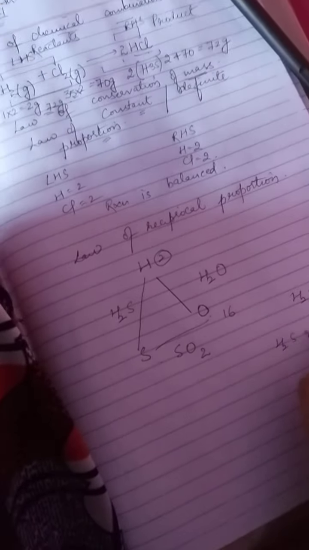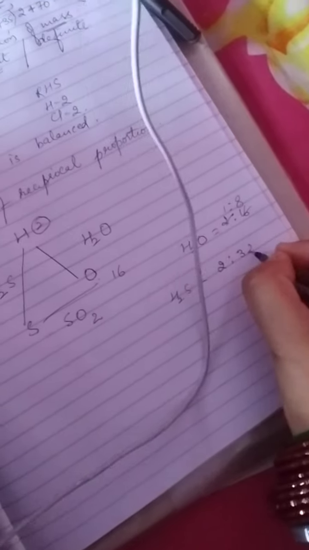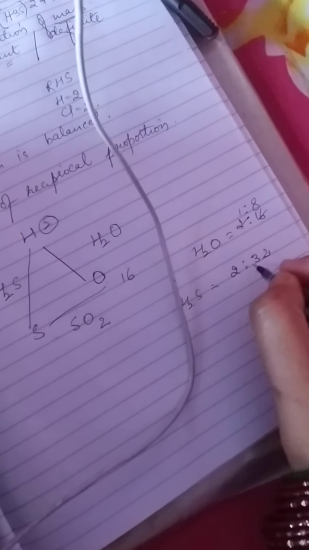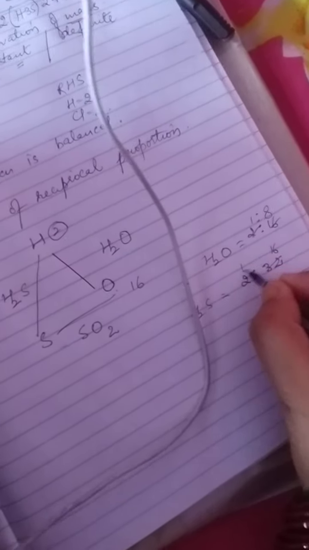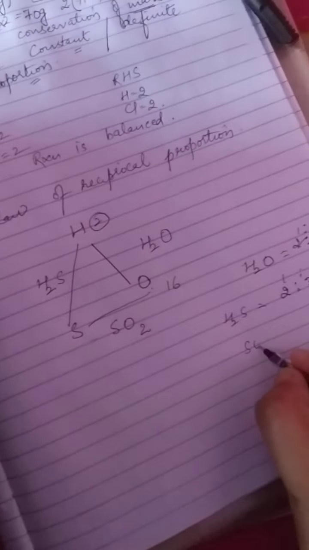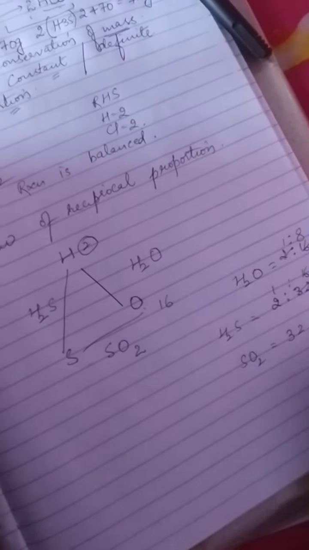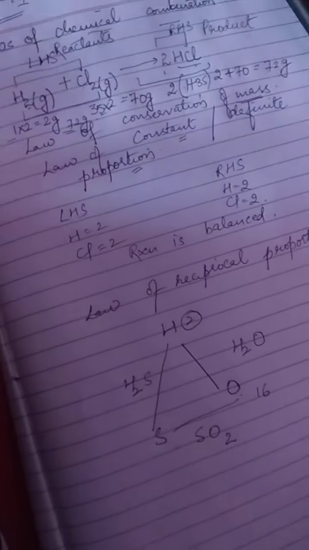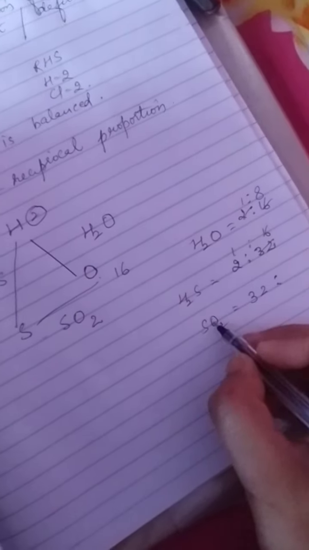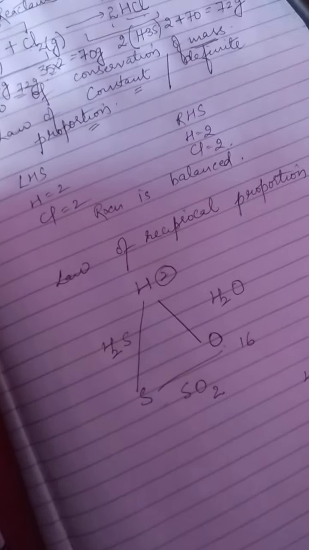And if we take hydrogen sulfide, here it is 2 to 32, correct? We will talk about sulfur dioxide, 32. Here if sulfur is 32, then oxygen is 16. We have taken 2, 32, 32. Then again we are getting 1.